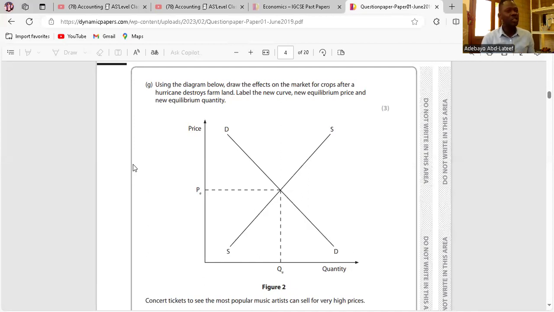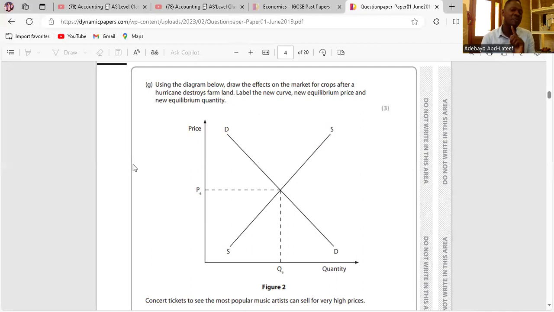Yes. A hurricane is a natural disaster. So now I'm answering the question. A hurricane is a natural disaster, which means it will affect the supply of crops. So affecting the supply of crops means it will reduce the quantity supplied. That means the quantity will reduce from QE to QE1 to the left here, bringing about a shift in the supply curve leftward from S to S1.